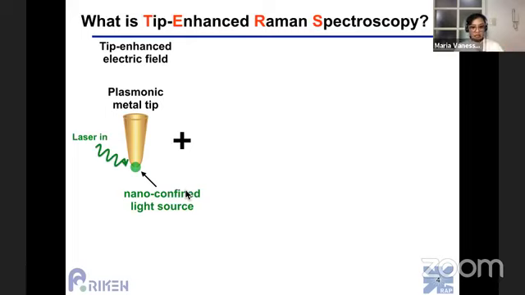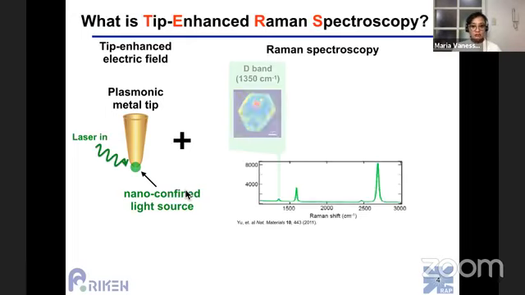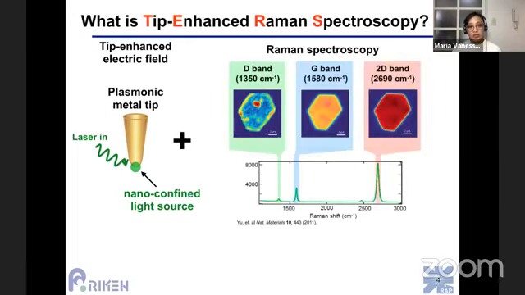And we combine this tip with Raman spectroscopy, which is a very powerful technique to distinguish the chemical properties of a sample. If you image each single peak from the Raman spectrum, you can get various kinds of information. Basically, Raman spectroscopy is done in the far field wherein you do a large scan of the sample. Here in this image, it's 10 microns by 10 microns.